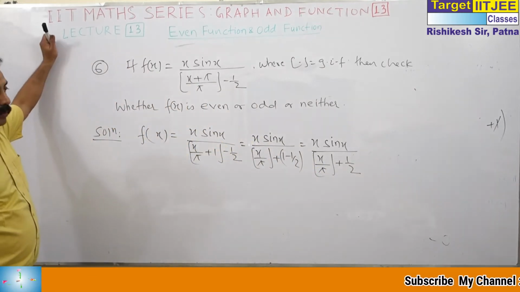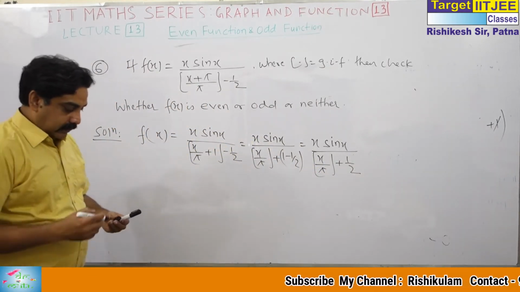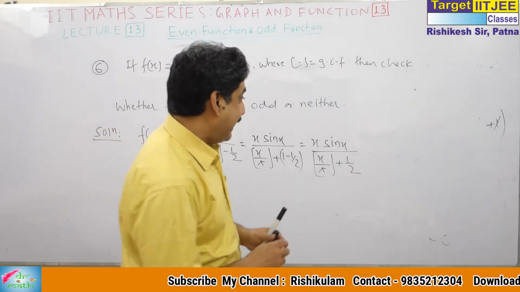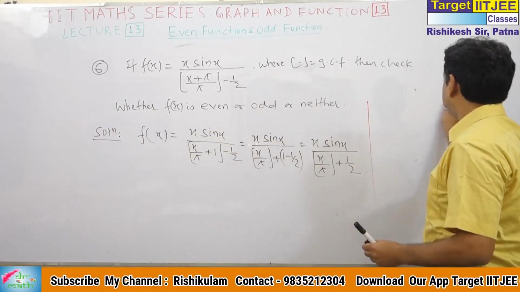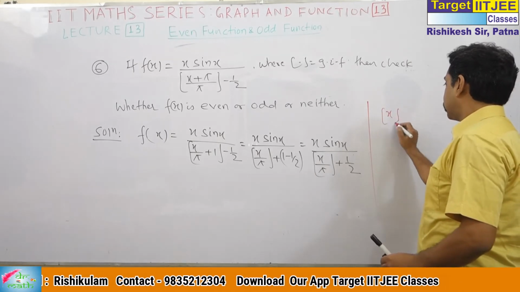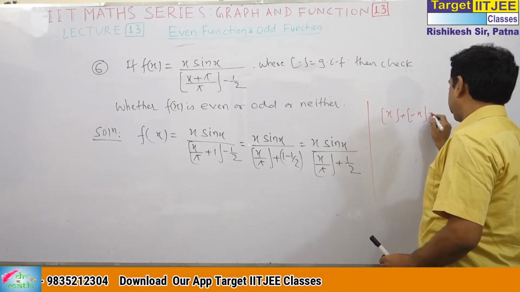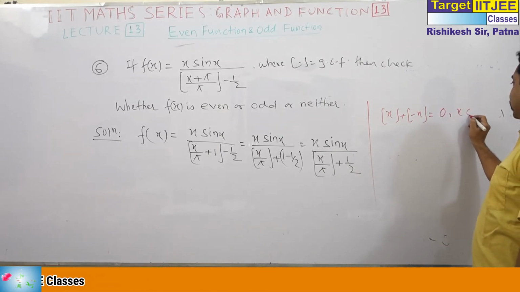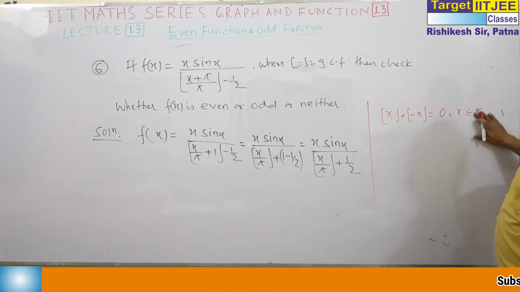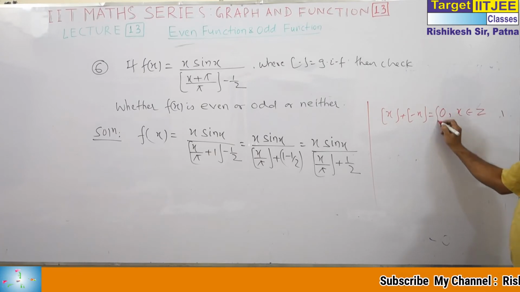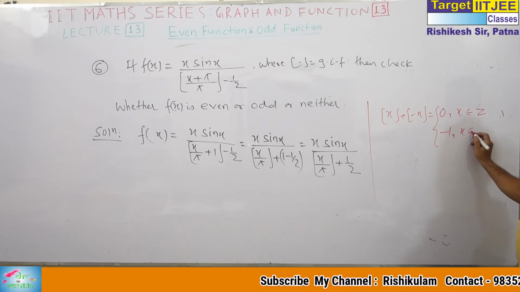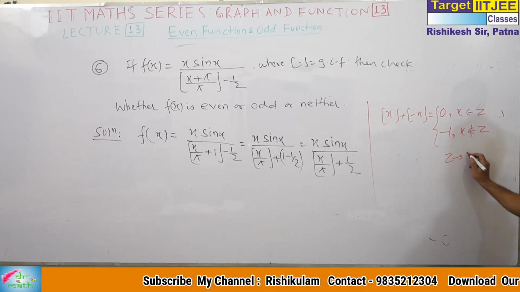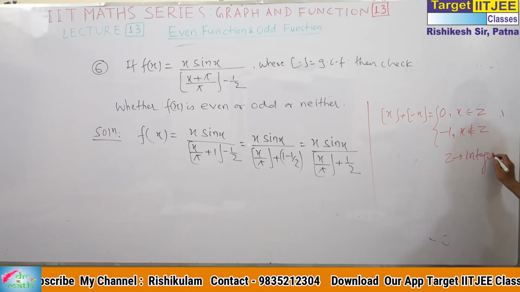Now, what do we do? Can you recall what this is? This is 0 when x is an integer, or for integer let me write Z, and minus 1 when x is not an integer. Z is the whole set of integers.